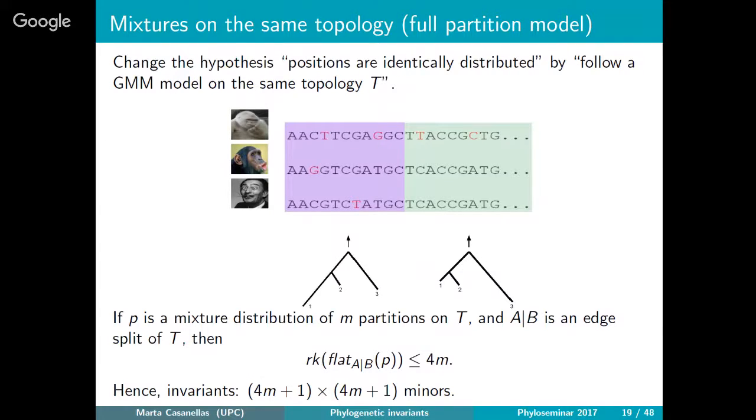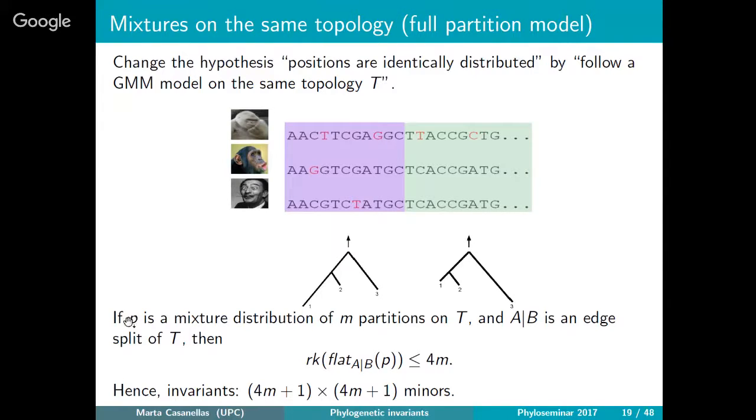We keep the assumption that positions are independent, but we assume that they just evolve under the same evolutionary model, for example, the general Markov model, but we let some parts of the alignment evolve on the tree topology T with certain substitution matrices. Some other part of the alignment evolves on the same tree topology, but with some other substitution matrices, and we could consider even more partitions of the alignment.